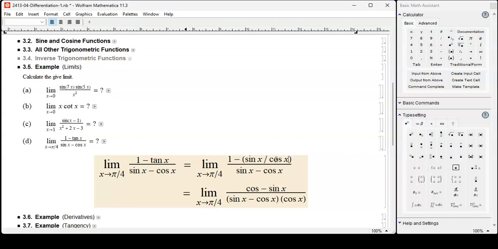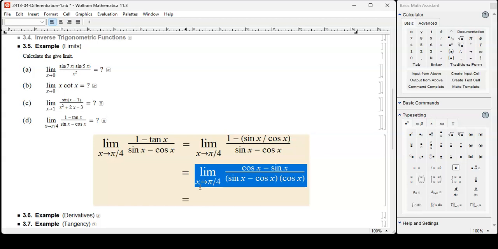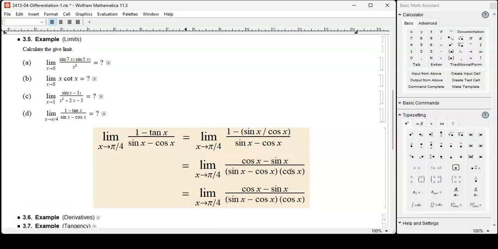I have a denominator inside the numerator, too complicated. Multiply by cosine to each of them. Cosine here minus sine, and then multiply by cosine like this. Any simplification? Oh, excuse me, cosine of x minus sine of x. Any simplification here? Well, cosine of x minus sine of x, sine of x minus cosine of x, do they cancel out? Yeah, they do.